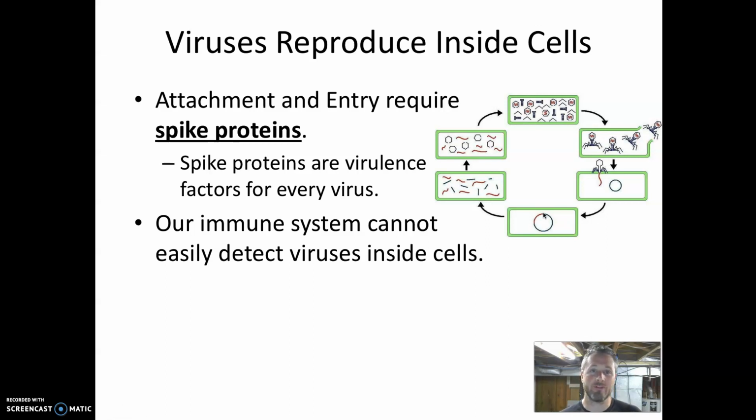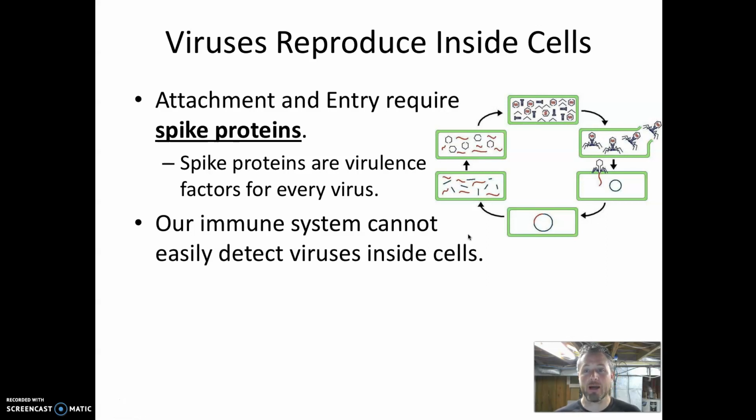The time a virus is most susceptible to our immune defenses is after release and before entry, when the virus is outside of cells, where our immune components, cells and antibodies, can identify that virus, destroy or inactivate it. So this is a common virulence factor for every virus, the fact that they reproduce inside of cells.